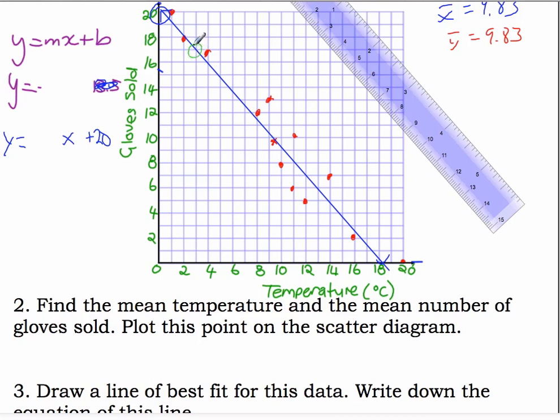So this point right here is (3, 17). Okay, and I'm going to get another point that's right on a grid point. Probably this one here looks the best. Okay, so that's (12, 7).